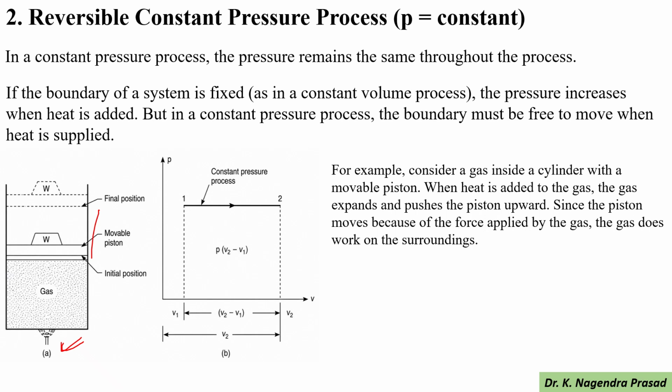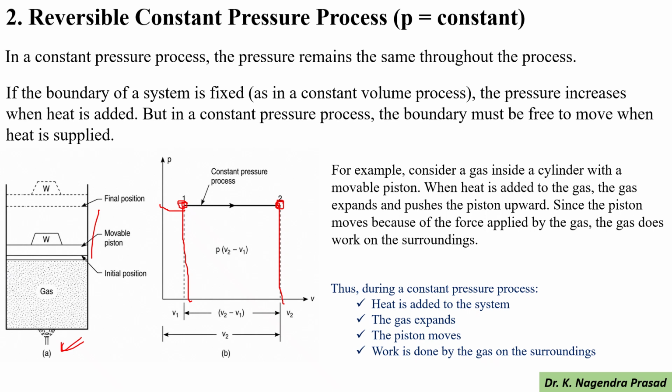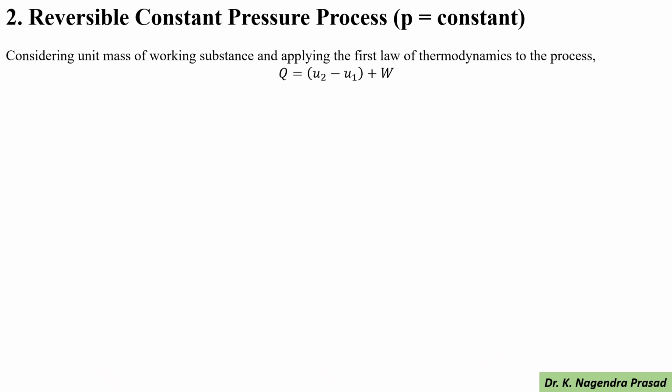In the PV diagram, we also observe that pressure is the same from the first state to the second state, but volume increases from V1 to V2. So during a constant pressure process, heat is added to the system, the gas expands and the piston moves upward, so work is done by the gas on the surroundings.